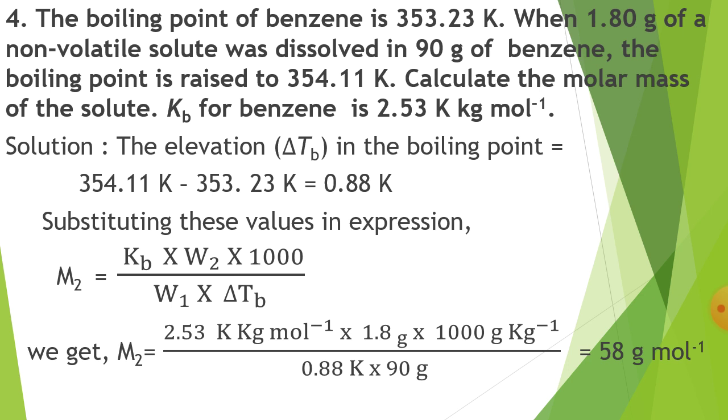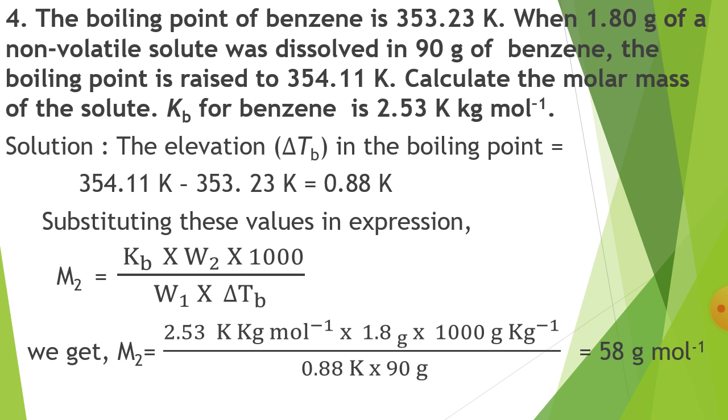Now look at the conditions. You have to find the molar mass of solute. So we know one formula, delta Tb equal to Kb multiplied by W2 multiplied by 1000 divided by M2 multiplied by W1. Now first of all we have to find the delta Tb.